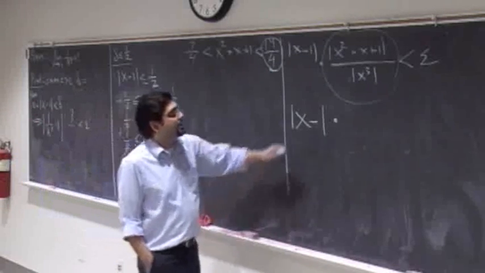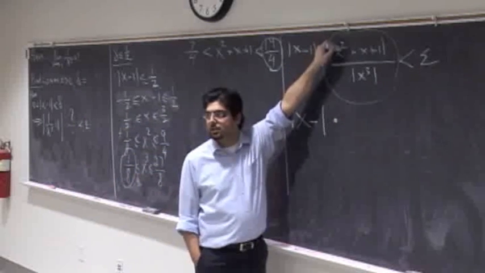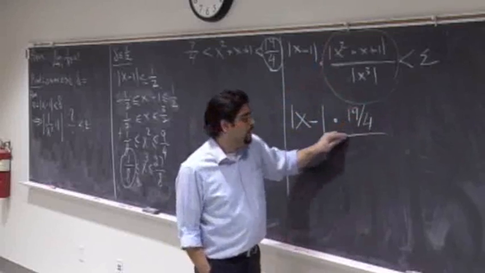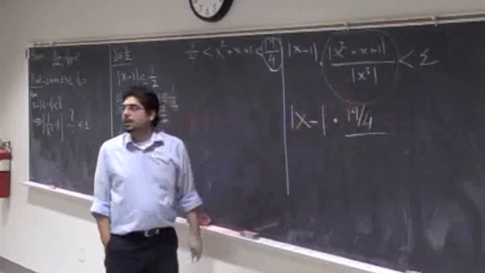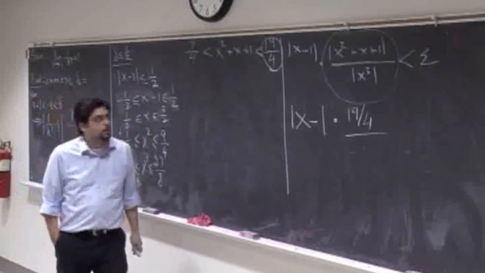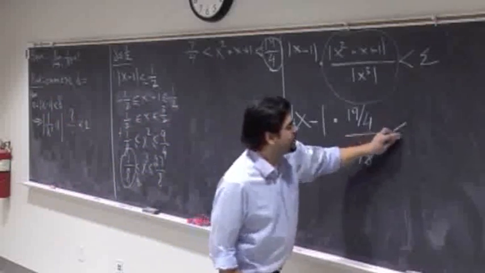If I were to replace this by a number, I want to replace the top by the largest it could be, 19/4, and I want to replace the denominator by the smallest it could be, which is 1/8. Over 1/8 less than epsilon.